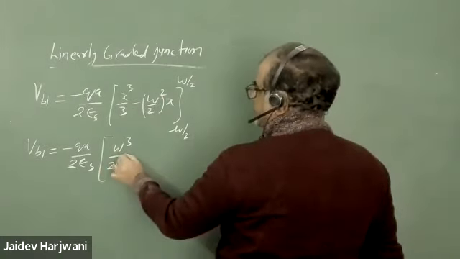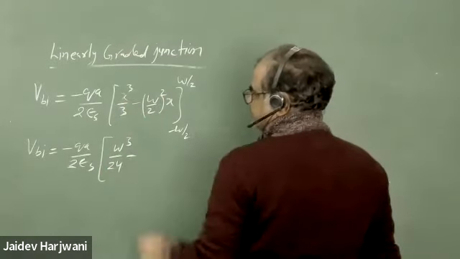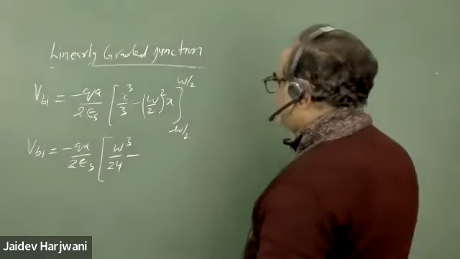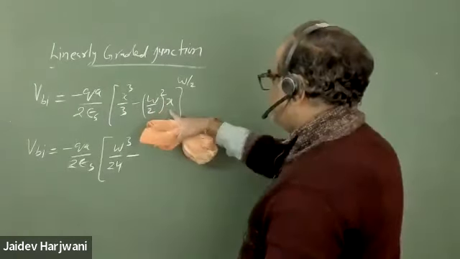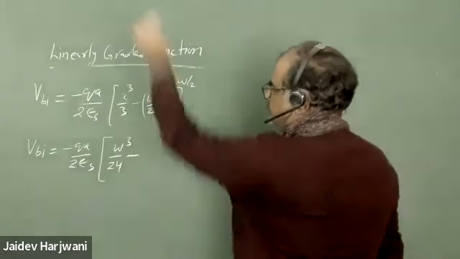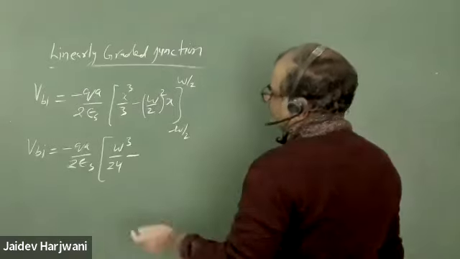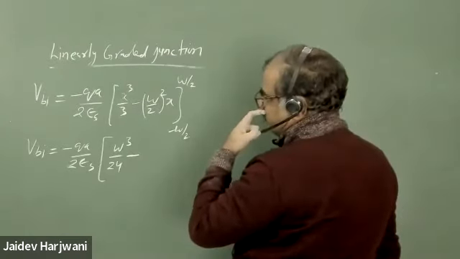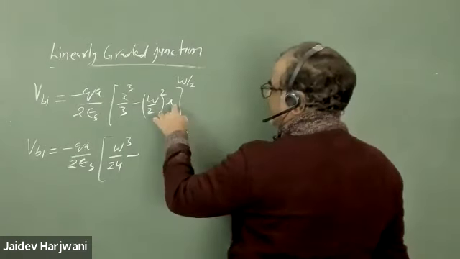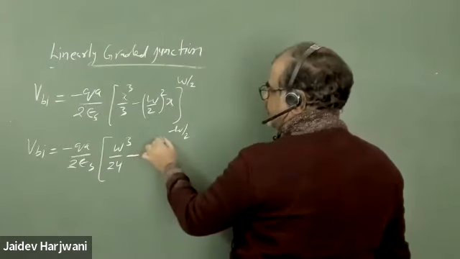Then you put minus W by 2 here. You can also put 0 to W by 2 and multiply by 2, if you check whether this function is even or odd. I don't know, so let me solve this one directly. Put W: this becomes W cube upon 24.